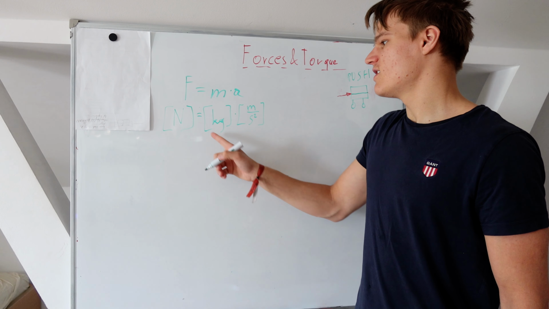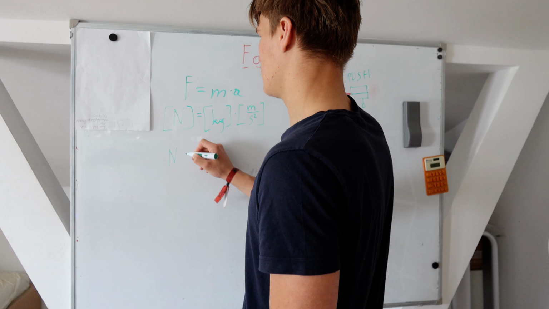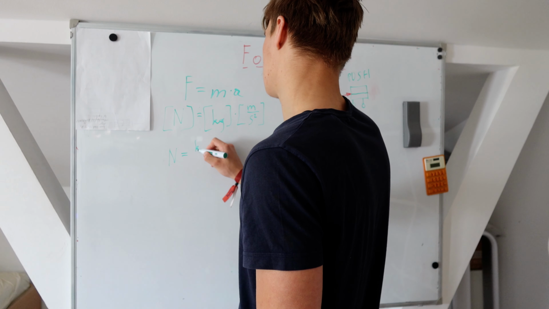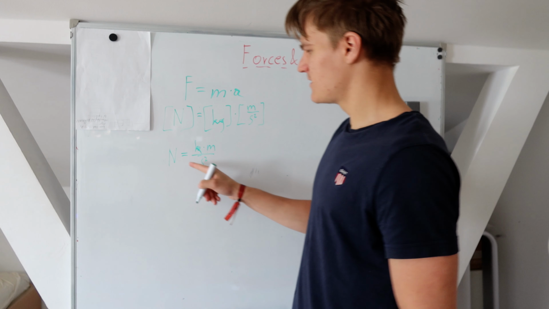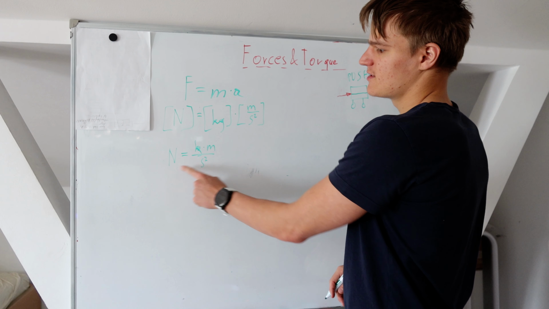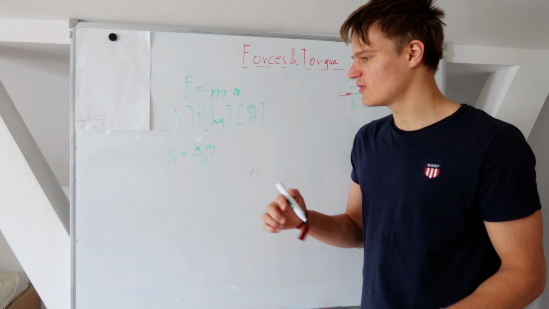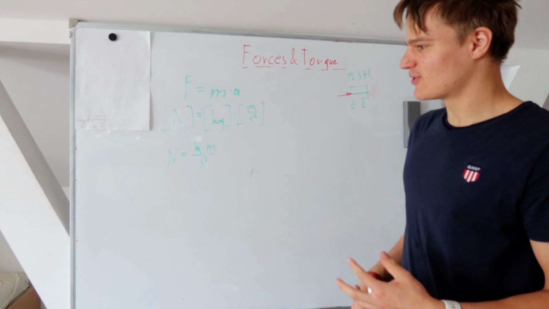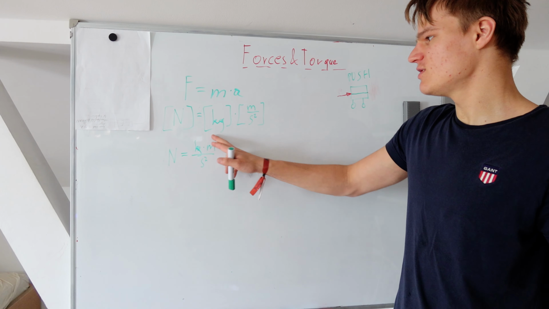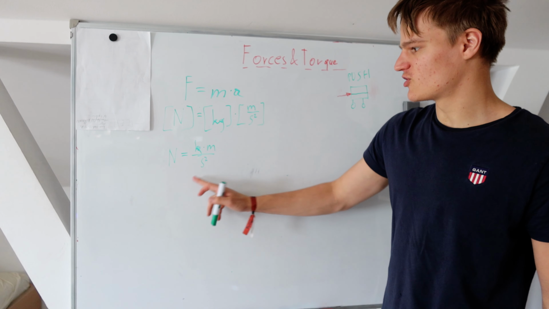One Newton, and this is important to know, is equal to kilograms times meters per second squared. These two are the same as this. Not really a groundbreaking idea, but it is important to remember, because these two multiplied by each other equal Newton, you don't need to write Newton, you can also write this.